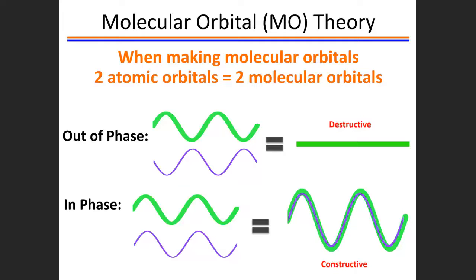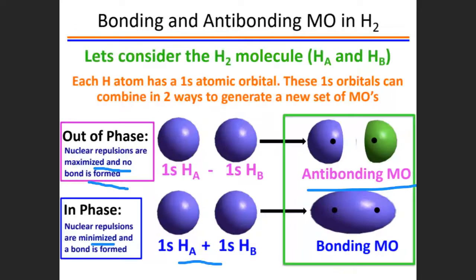So, do you guys now understand why the bonding and anti-bonding molecular orbitals come about? The reason is the in phase and out of phase.